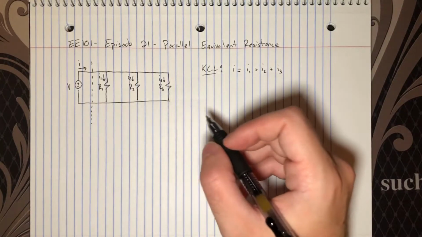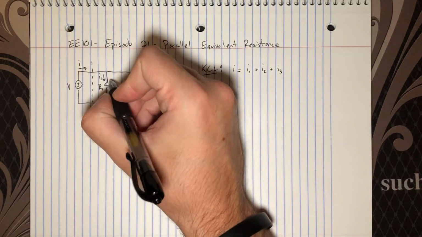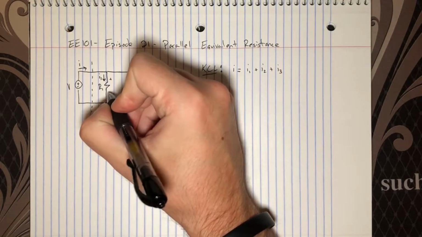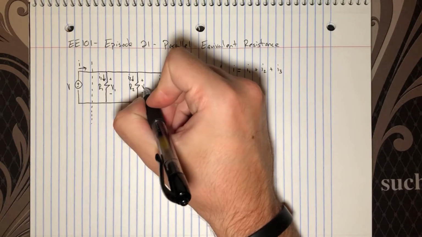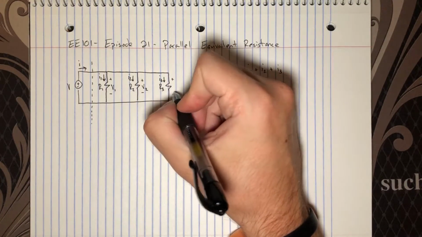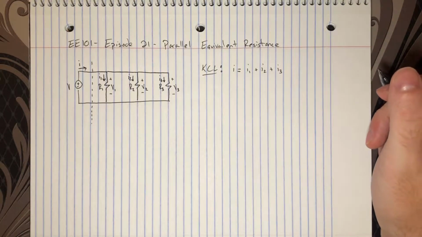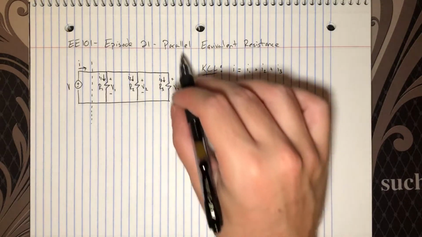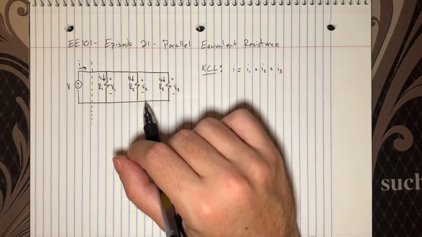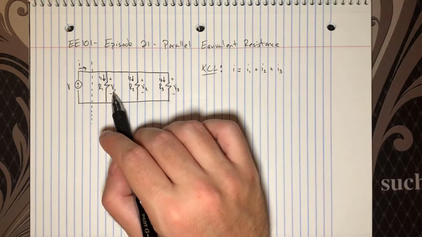And we also know that each of these resistors will have some resultant voltage across it. And I'll go ahead and label that now. So V1, V2, and V3. Excellent. But then this is where we apply our knowledge of parallel circuits. And something that I've discussed prior is that we already know each of these voltages.